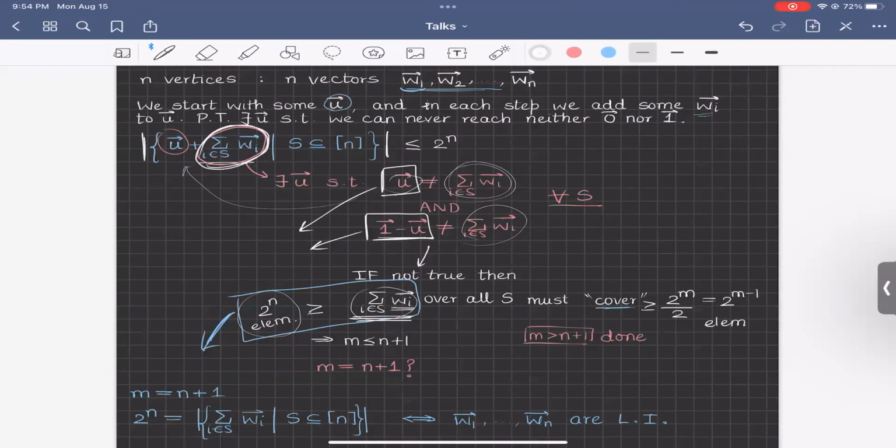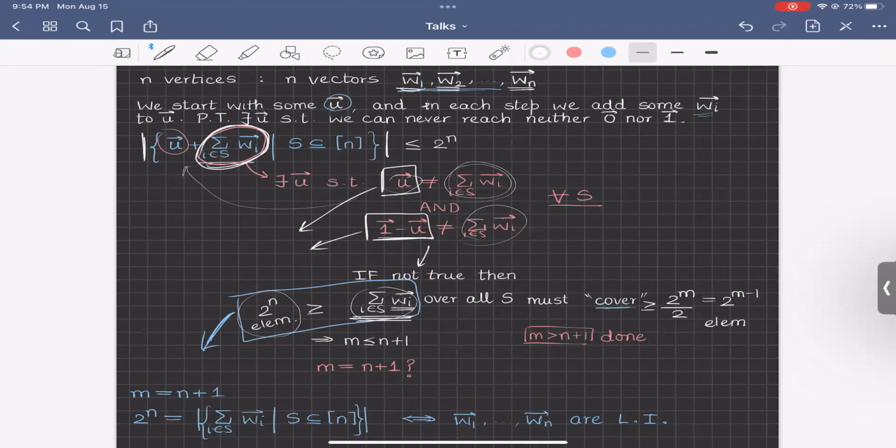But then if it isn't, then we get that this sum is equal to some non-zero... Wait, no. It doesn't make sense. Just want to make sure this is clear.